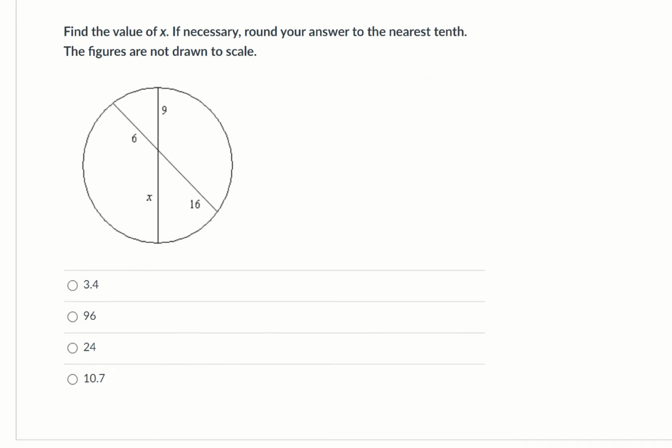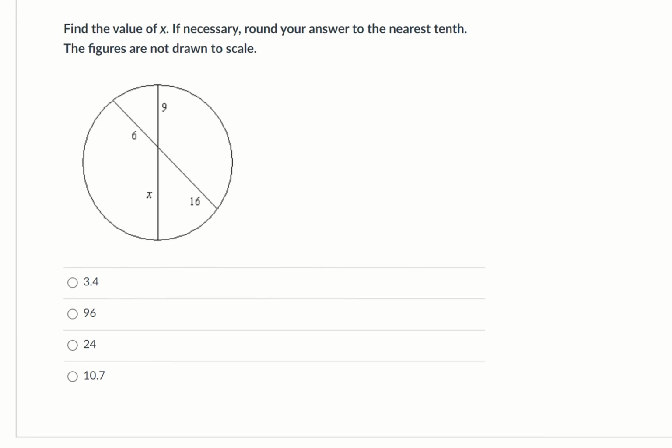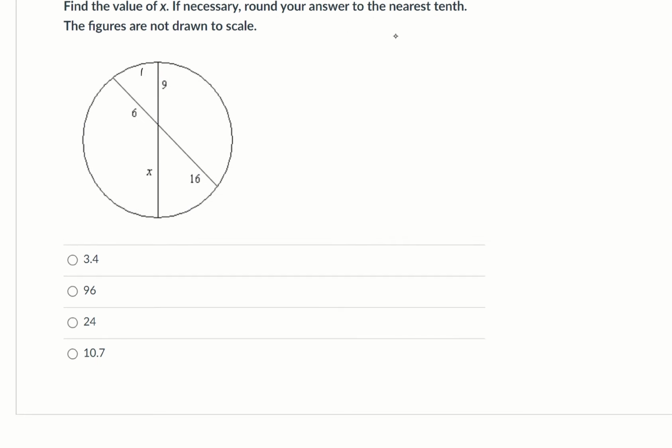All right, find the value of x. If necessary, round your answer to the nearest tenth. So we have intersecting chords or secant segments. Now, if you have intersecting chords like this, we said that the angle is half the sum of the arcs. This time we're not dealing with the angles, we're dealing with the distance. It turns out that the product of the distances of each part of the segment is equal to the product of the other part of the segment.